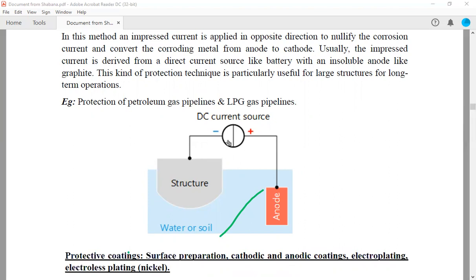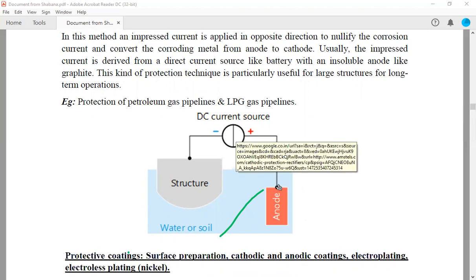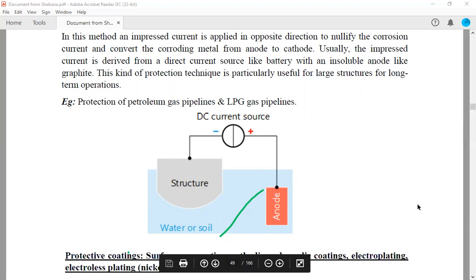Usually, sufficient DC current is passed to the insoluble anode, kept in a backfill composed of coke or gypsum, so as to increase the electrical contact with the surrounding soil.